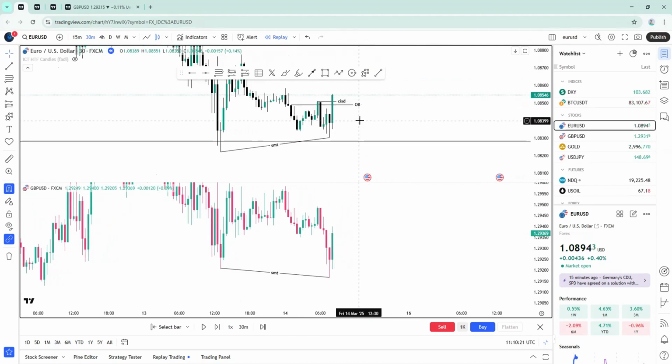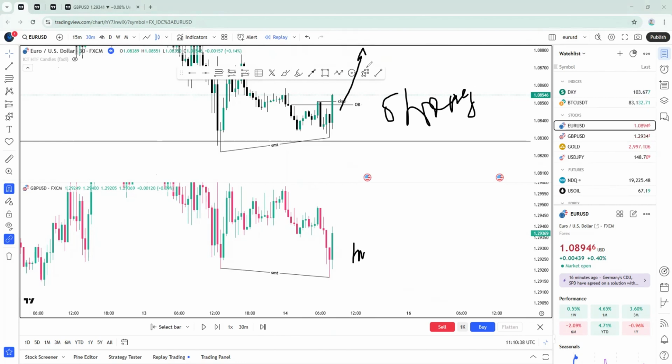Now at this point, this is a secret. When I'm trading SMT, when I see something like this, it shows that Euro USD is stronger than GU, which means that this one will easily move to your take profit faster than GBP USD. So when I see an SMT like this, I prefer to engage on this one.